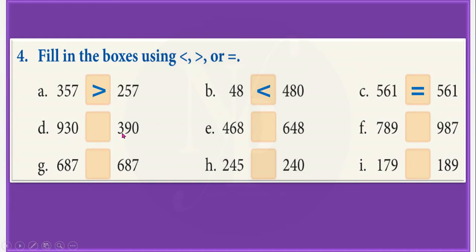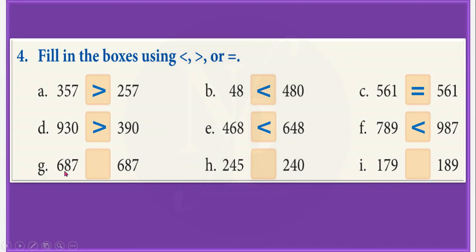D, 930 and 390. Which is greater? 930 is greater than 390. So you should put greater than symbol here. E, 468 is less than 648. F, 789 is less than 987.